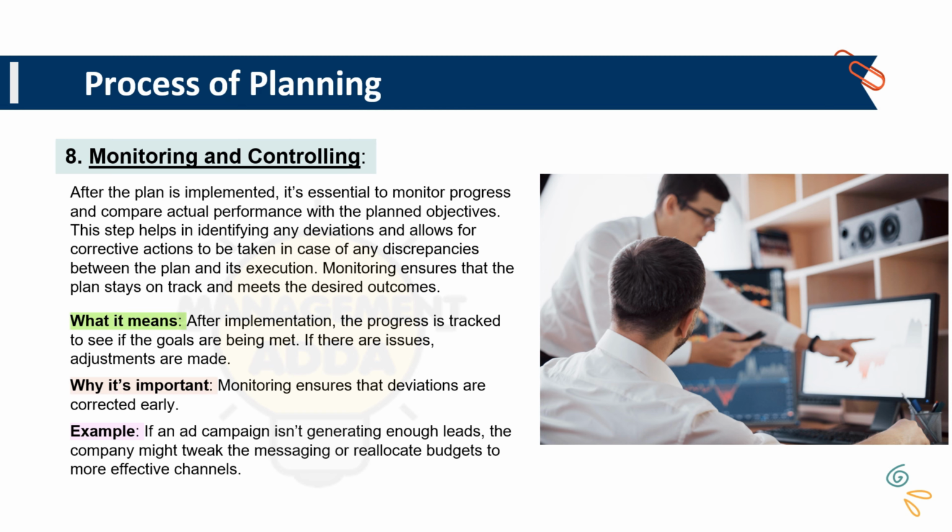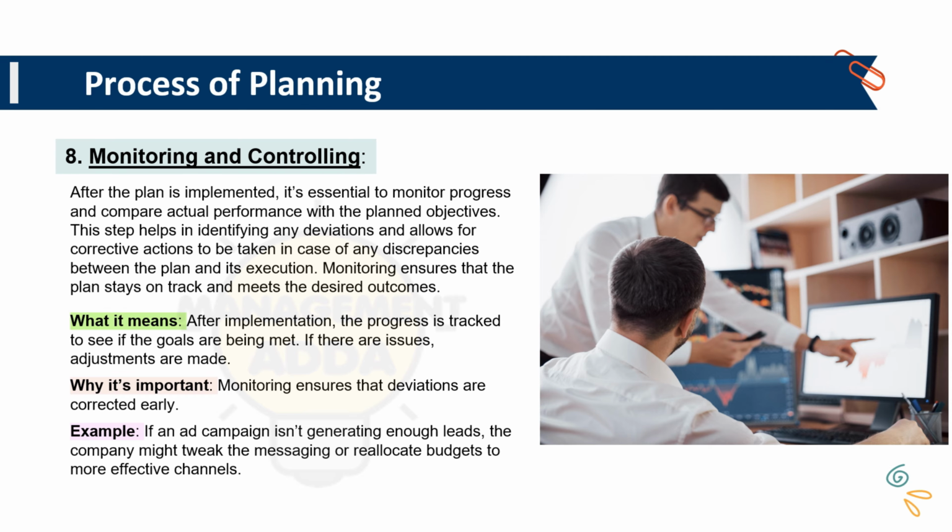Once you started working on your actual plan, it is important to monitor and control. When you are monitoring and controlling the activities of your employees, you get to know whether your plan is going exactly as you planned, whether people are working in the same manner or not, so that you can know if you can achieve those objectives in that particular time frame or not.